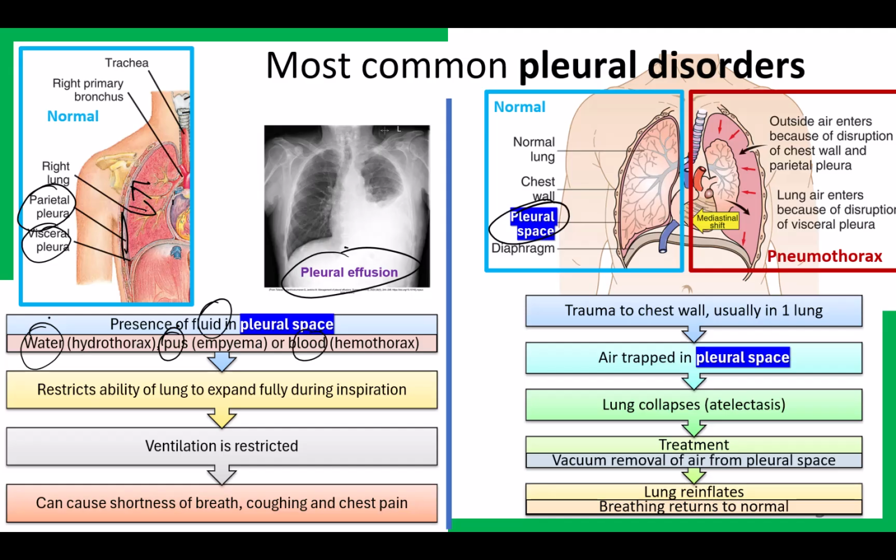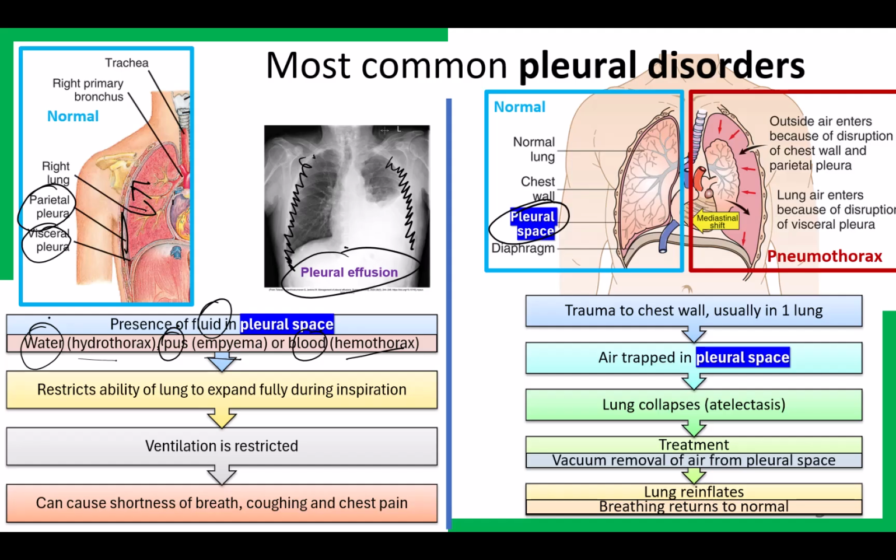In which case it's called hydrothorax, empyema, or hemothorax. And when you have an increase in the amount of fluid within the pleural space, it stops the lung from being able to fully expand during inspiration, right?